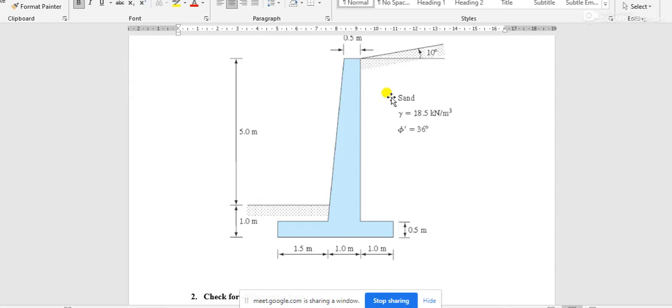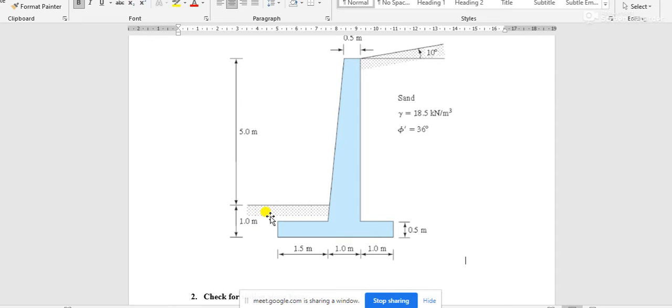By that you can calculate the two components, one horizontal and one vertical. For PP, this surface is horizontal, so the total passive thrust is acting horizontally, there is no vertical component here.